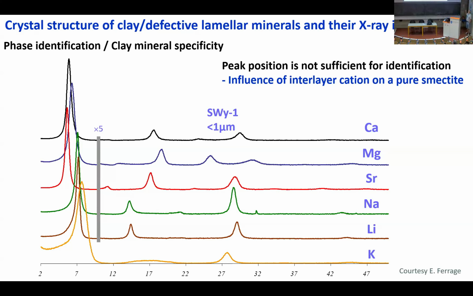This may look like, why bother about that, but think about now that you are working on smectite to illite transformation, let's say. This evolution of peak position could be wrongly interpreted in terms of different proportions of illite. No, it's 100% smectite, just the interlayer cation in the different smectite interlayers is not always the same.